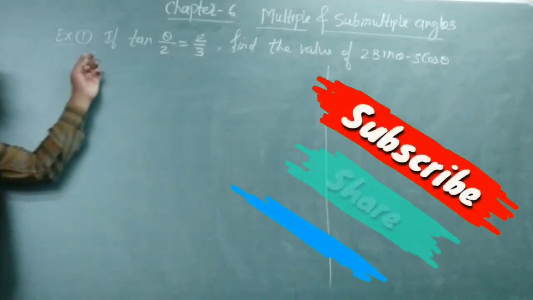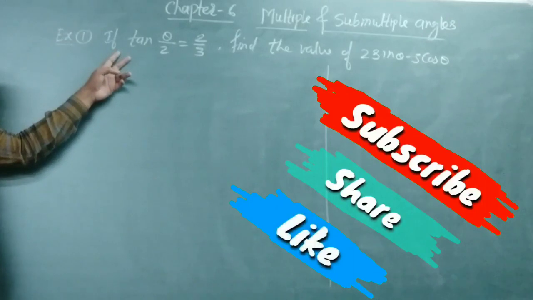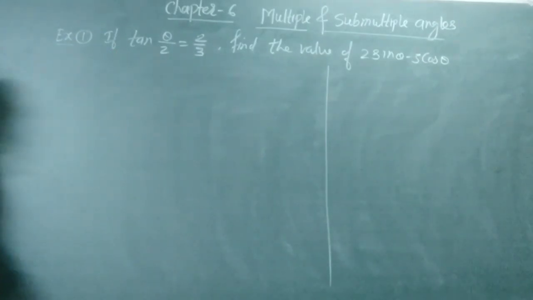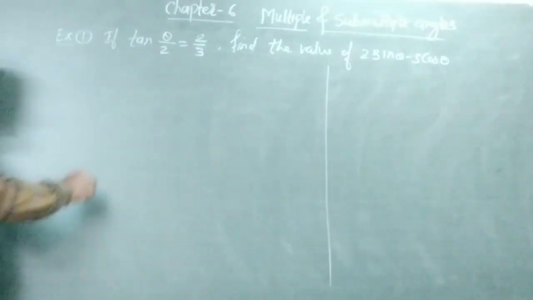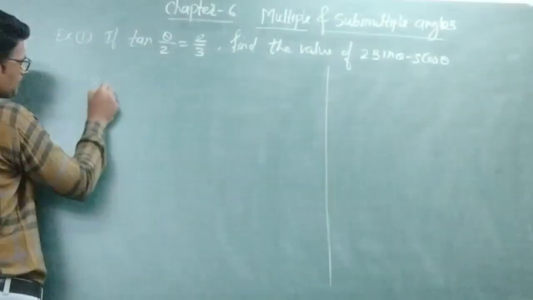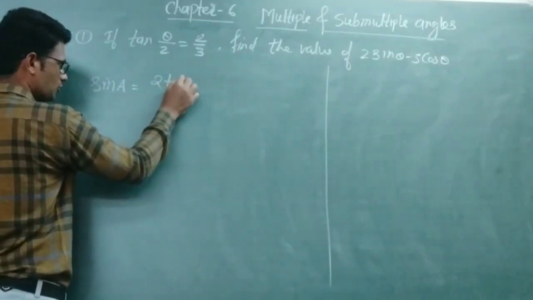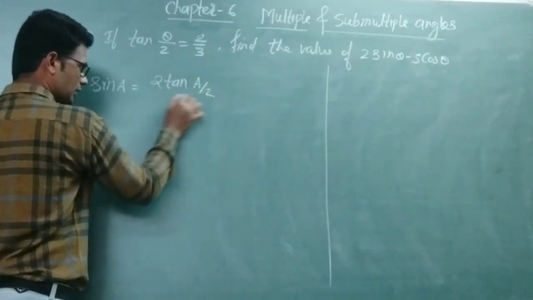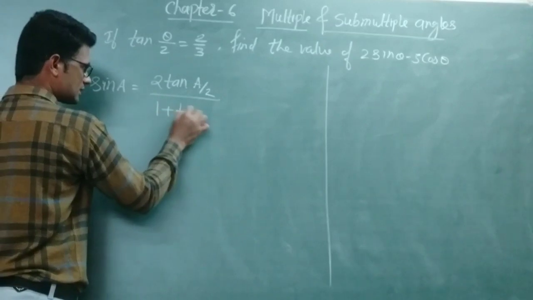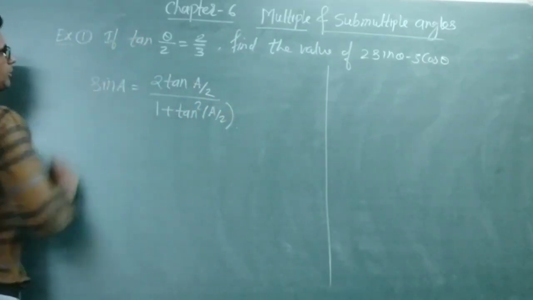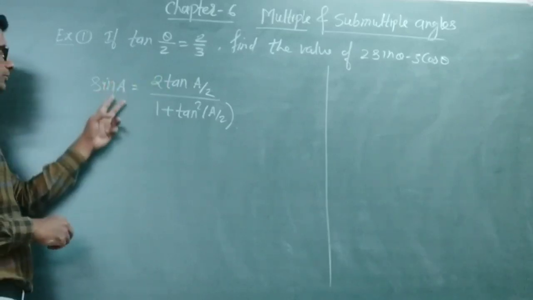Example first. The tan theta by 2, cot theta by 2 problems are based on the formulas. Suppose we have sin A, then this sin A can be written as 2 tan A by 2 divided by 1 plus tan square A by 2. All these types of problems are based on this formula.